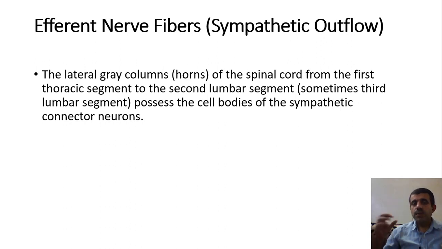But they are sympathetic nerve fibers, which supply the heart, the lungs, the intestine, okay, bladder, and supply the hair, the blood vessels all over the body, okay. So these are sympathetic efferent nerve fibers.